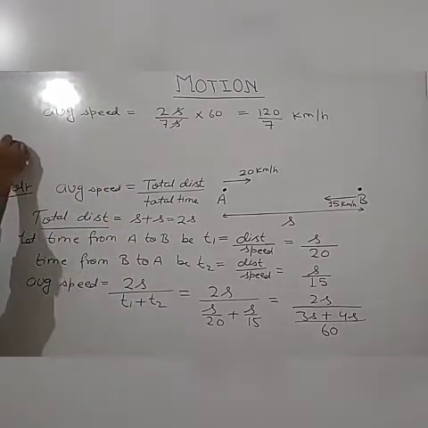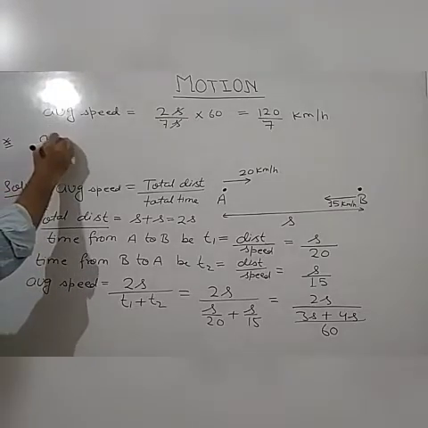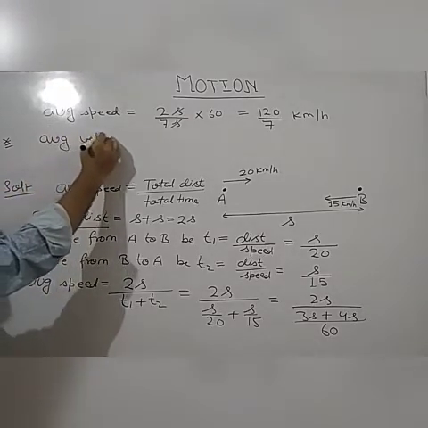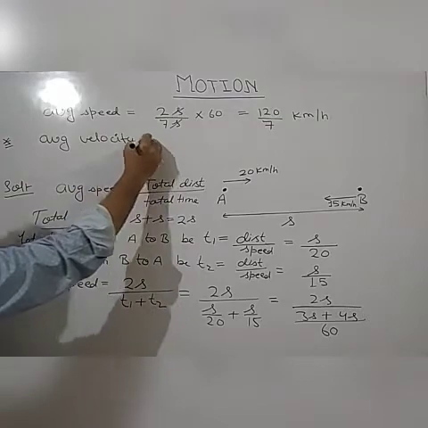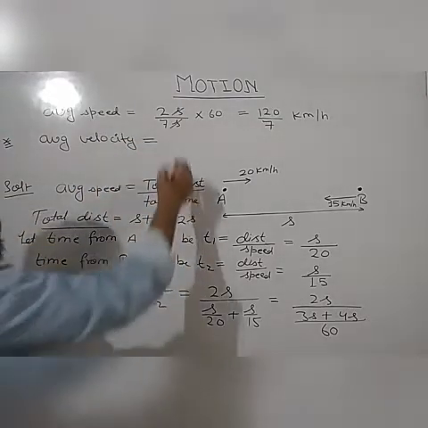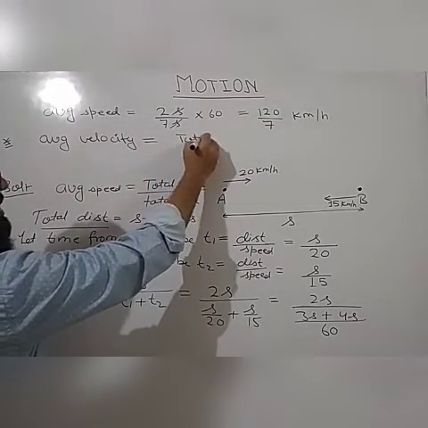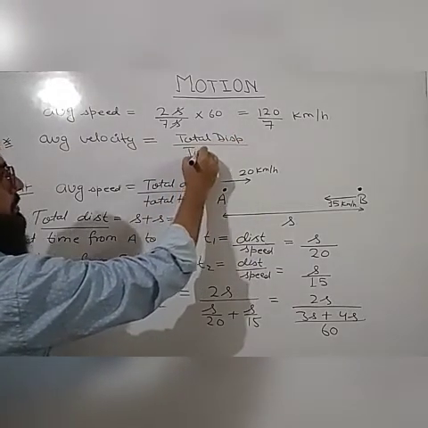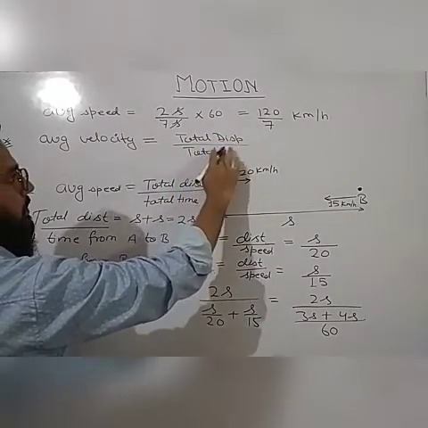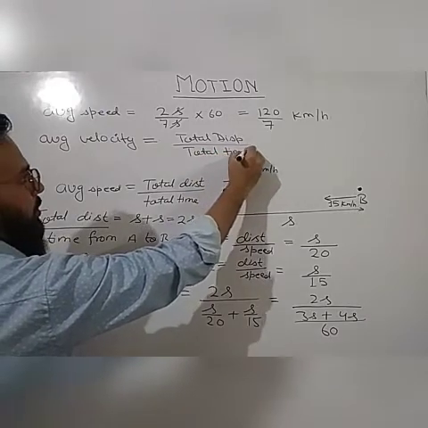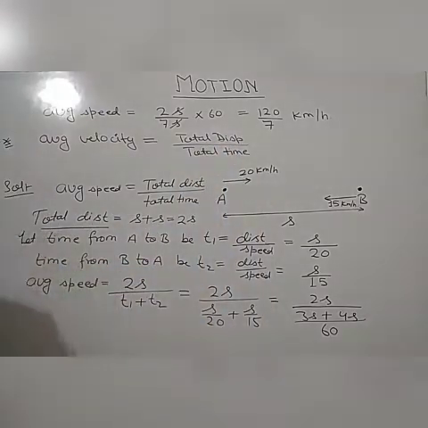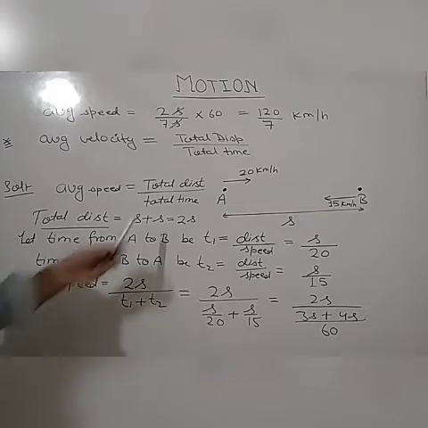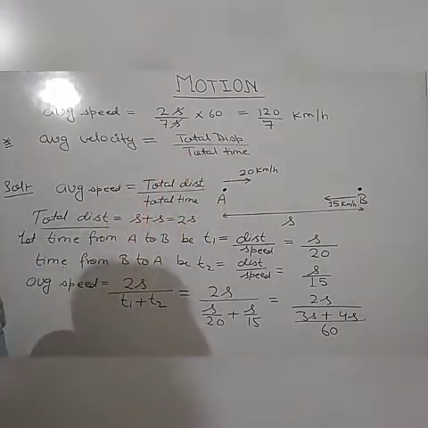Now if we talk about average velocity, what was the formula for average velocity? It is total displacement upon total time. At the place of distance, here it is displacement.